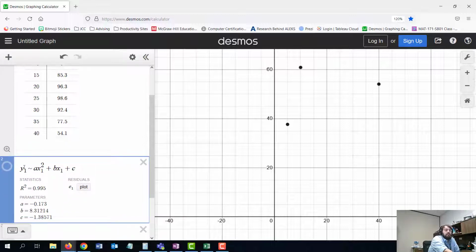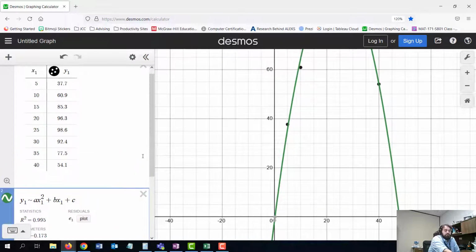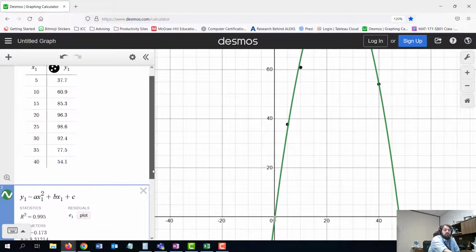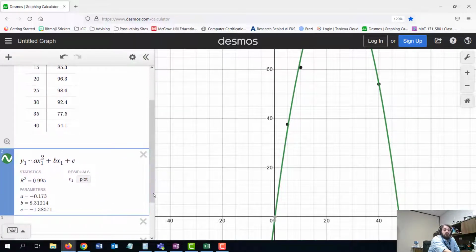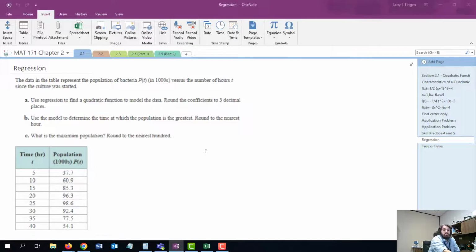So what I need to do is tell the equation, I want you to give me your best regression model to represent this data, and I want it to be a quadratic regression. How do I get a quadratic? I get that form, ax squared plus bx plus c, but instead of x's, I use x sub 1's. Instead of y, I use y sub 1, and then I use a little tilde right here. And when I do that, I find my equation to be as such.